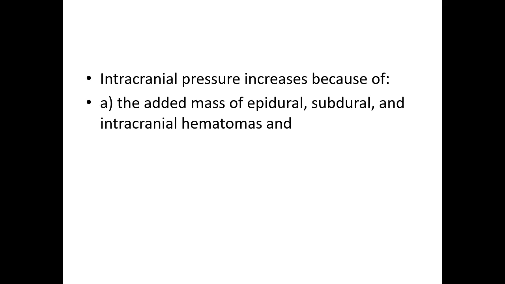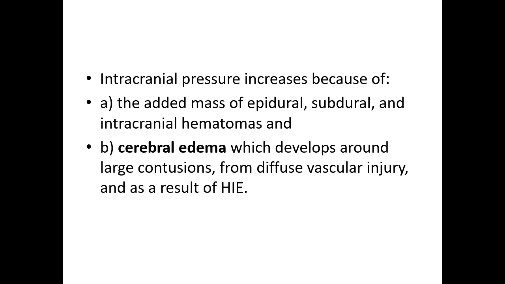So why does the intracranial pressure rise? It rises because of the added masses of the epidural, subdural or intracranial hematomas, or for that matter due to cerebral edema which develops around large contusions, from diffuse vascular injury, and as a result of a hypoxic ischemic encephalopathy.